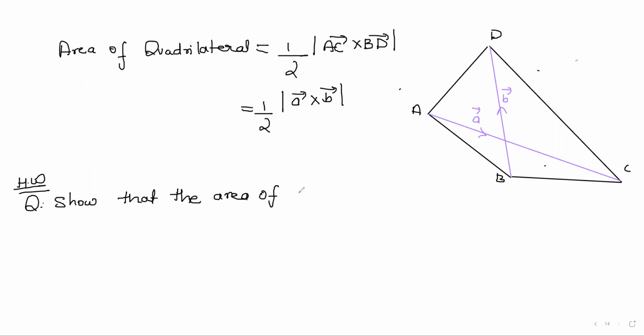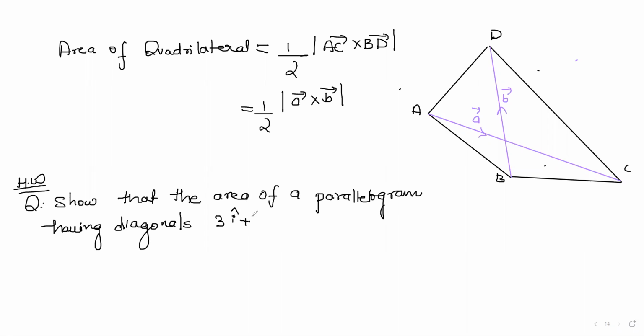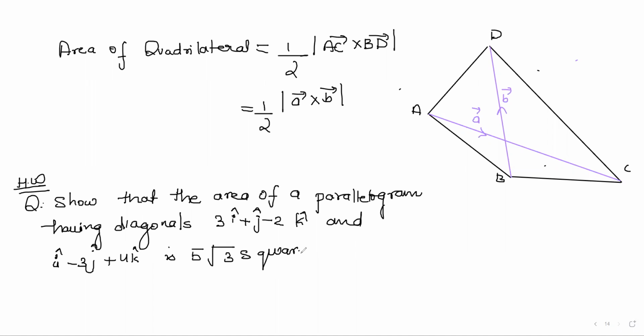Show that the area of a parallelogram having diagonals 3i cap plus j cap minus 2k cap, and i cap minus 3j cap plus 4k cap is 5 root 3 square units.